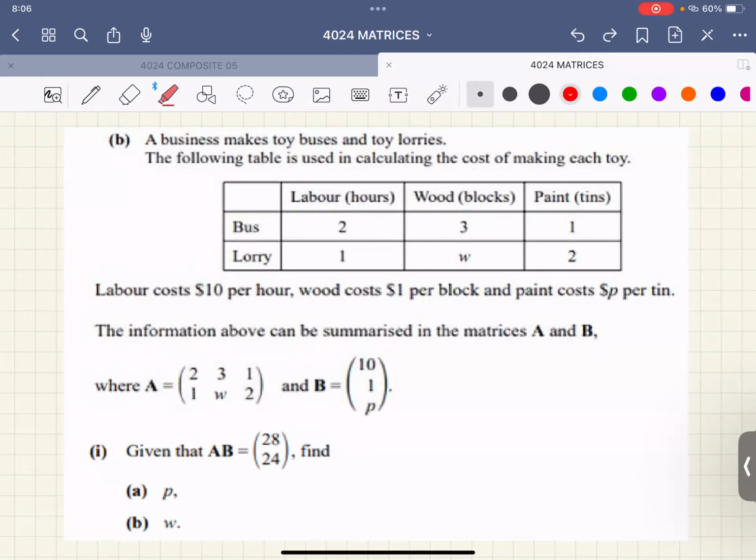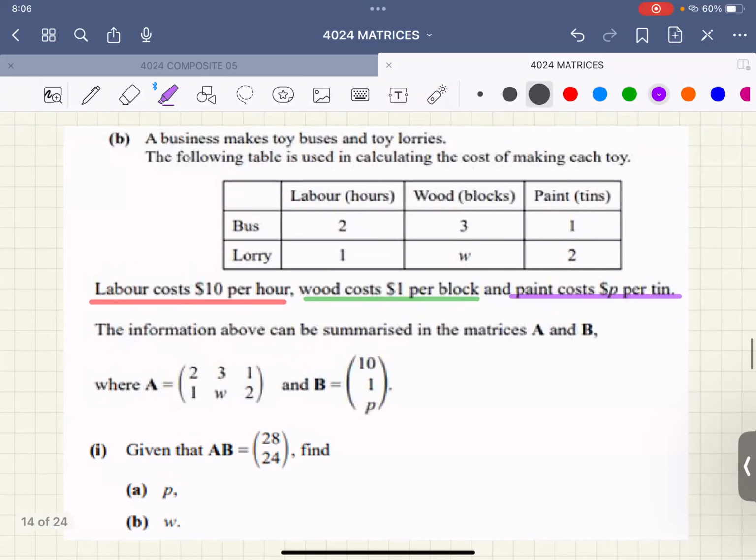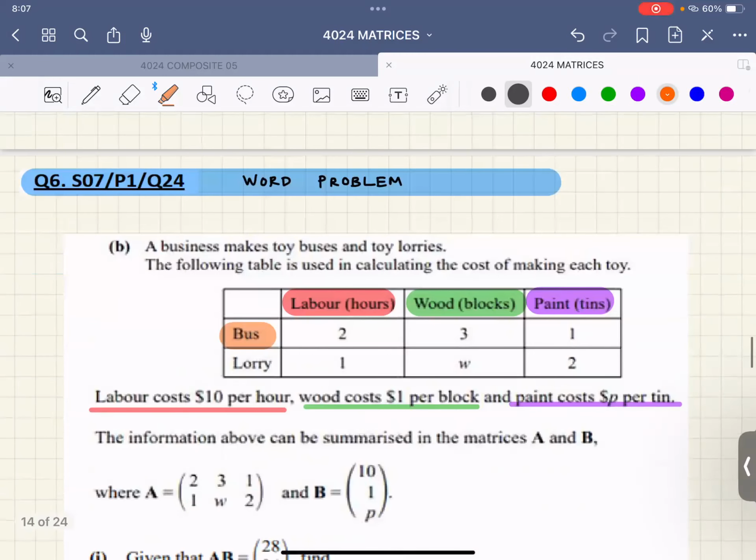And then in green color, I'm interested in the wood, and then paint in purple color. So there is labor, that's over here, and wood, that's in green, and paint, that's in purple. And then there are buses and lorries. So this is for buses, the orange color, and for lorries, I can choose the blue color.